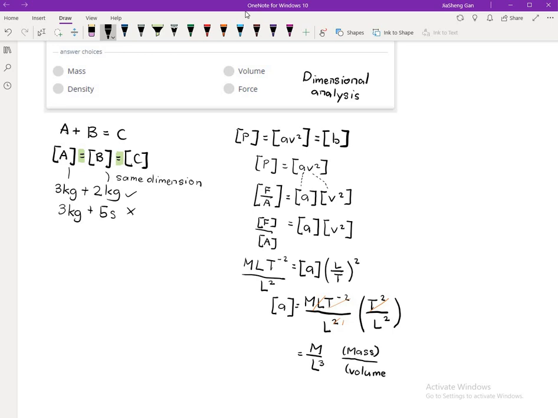And when it's mass divided by volume, we know it's basically density. Okay, so that's how we solve question number 5. So we know that the dimension of A will be something similar to density. Yes, so density will be your answer.